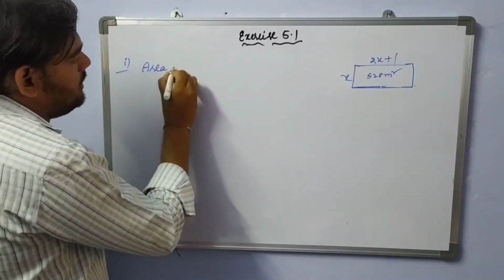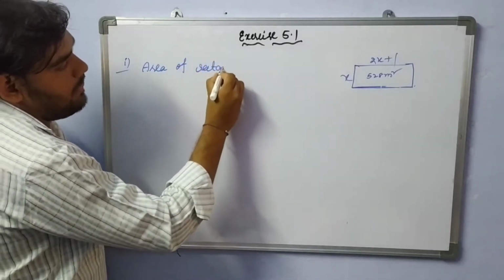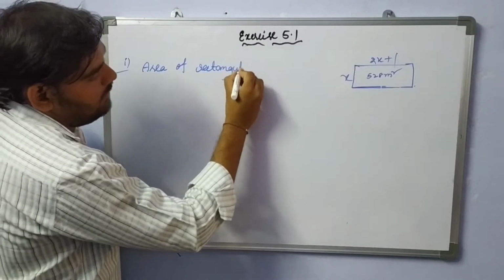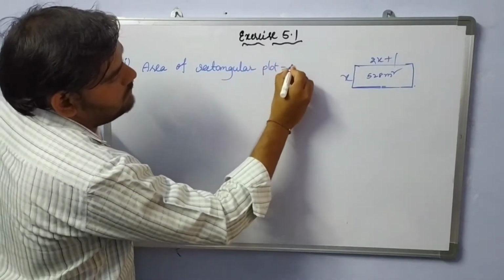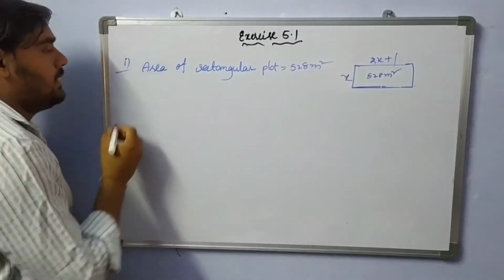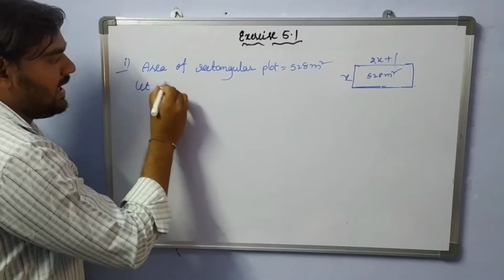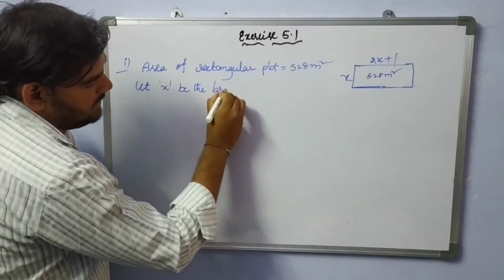Area of rectangular plot is equal to 528 meters square. Let x be the breadth of a rectangle.